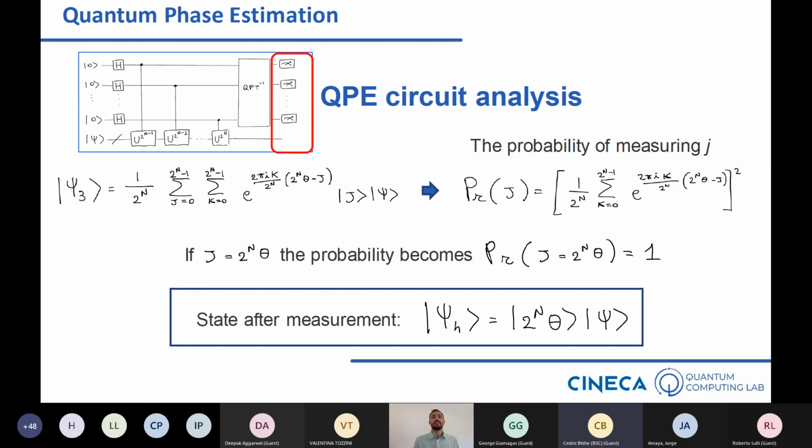Is that it? Well, probably here the logical order is not very clear, but what I mean is that this is the probability.